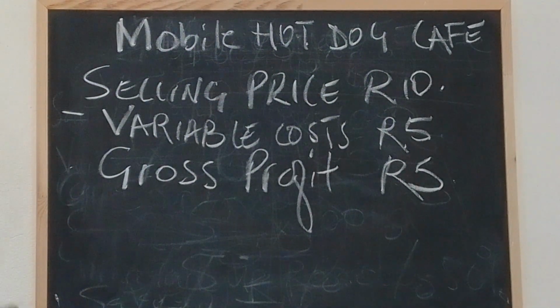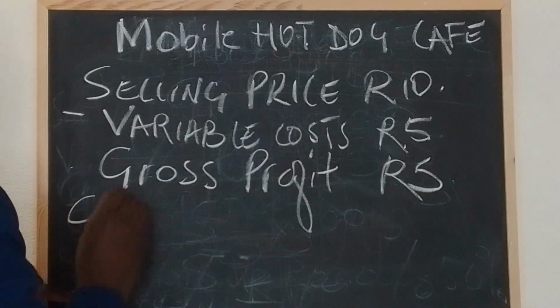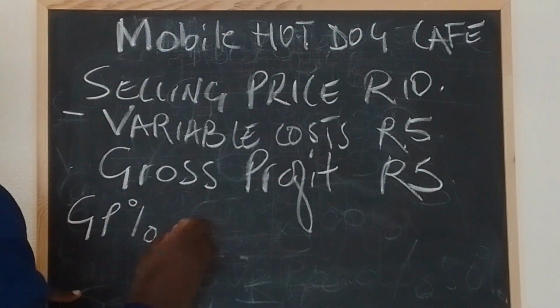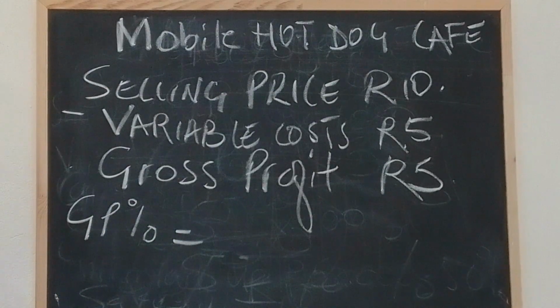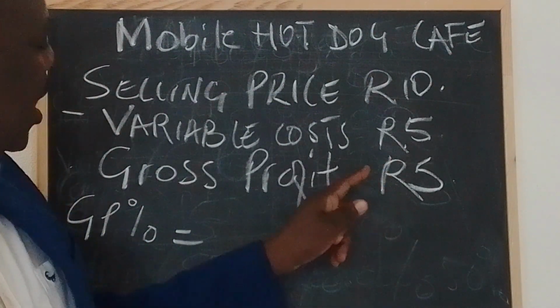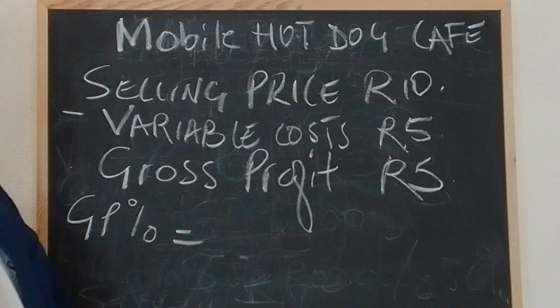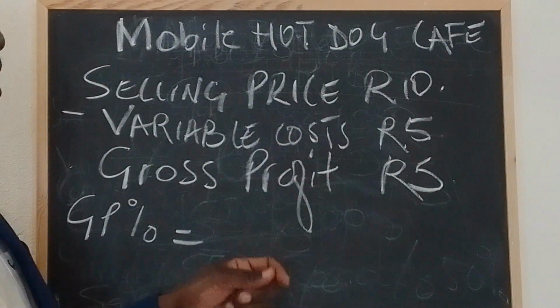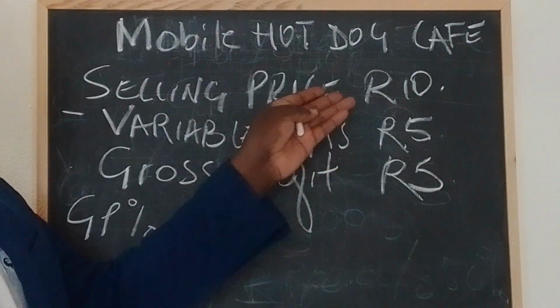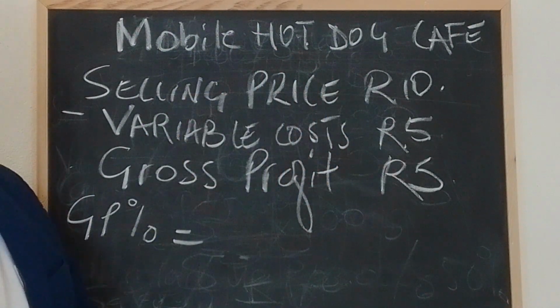Wonderful. Now let's look at something else. Gross profit percentage. What is gross profit percentage? Don't worry yourself. Very simple. We are looking at the relationship between your gross profit and your selling price. It is the gross profit expressed as a percentage of your selling price.